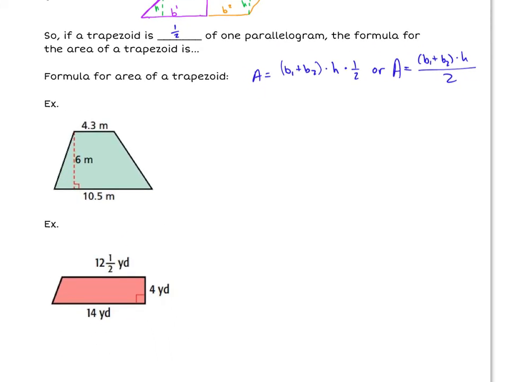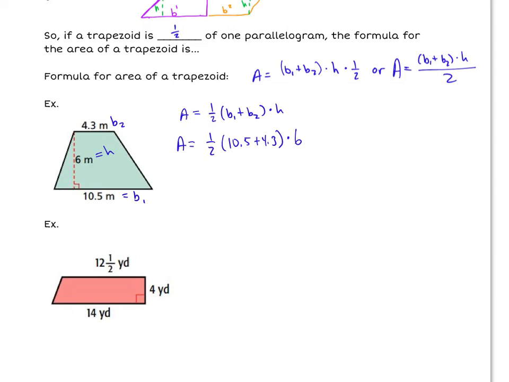So let's use our formula here. Area equals, and they write it as 1/2 times base 1 plus base 2 times height. So on this one, our base 1 and our base 2 are there, and our height is here. So area equals 1/2 times 10.5 plus 4.3 times 6.